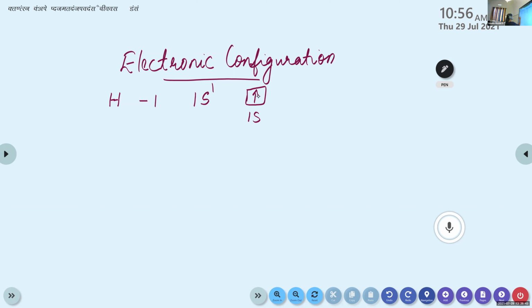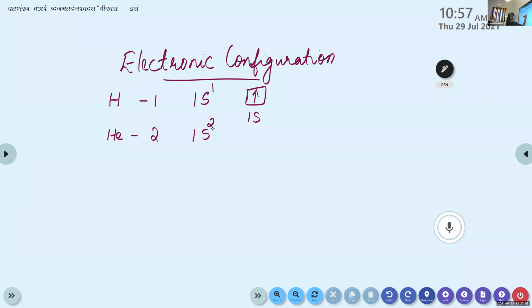Okay. Then the second one is helium. Atomic number of helium, 2. So 1s2. And you have to remember 2 is the maximum capacity of s subshell.